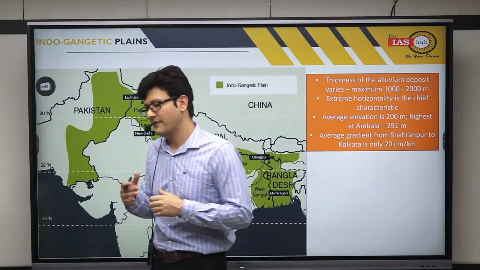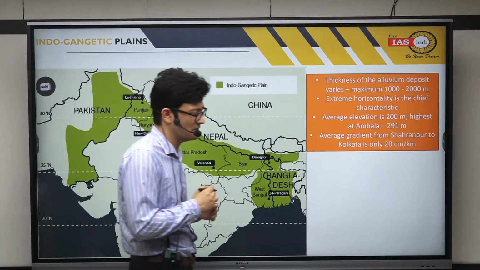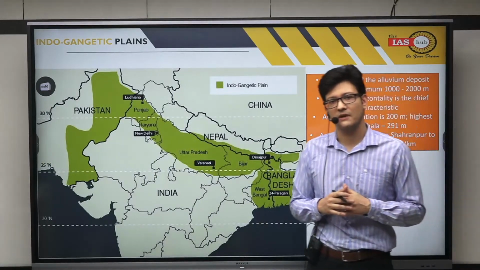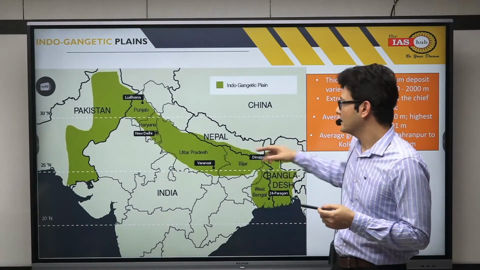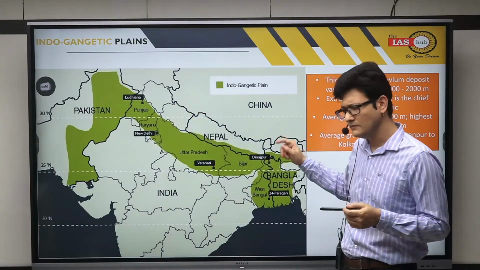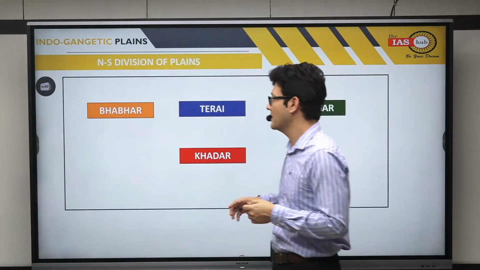This defines the extreme horizontality of this plain. It is obviously the most horizontal you will ever find among Indian landforms and physiographic divisions, and it extends from the Sindh plains in the west to the Brahmaputra plains in the east.